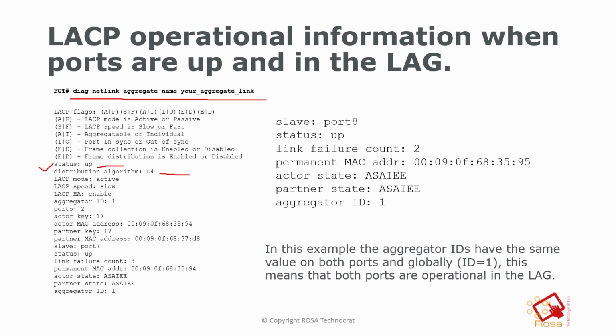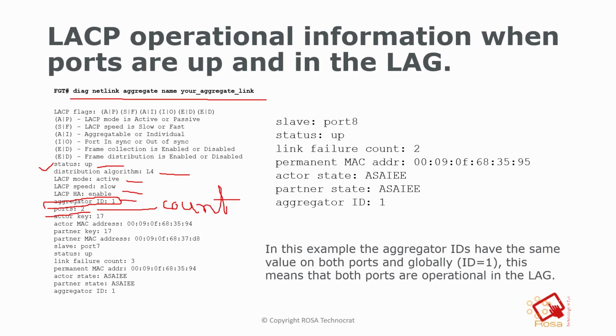And then LACP mode, we saw LACP speed, LACP HA enable. This is the aggregate ID, the ID given for the lag interface. Ports 2 means the count of how many interfaces are members of this lag. If you have two or three interfaces, it will show you the count.